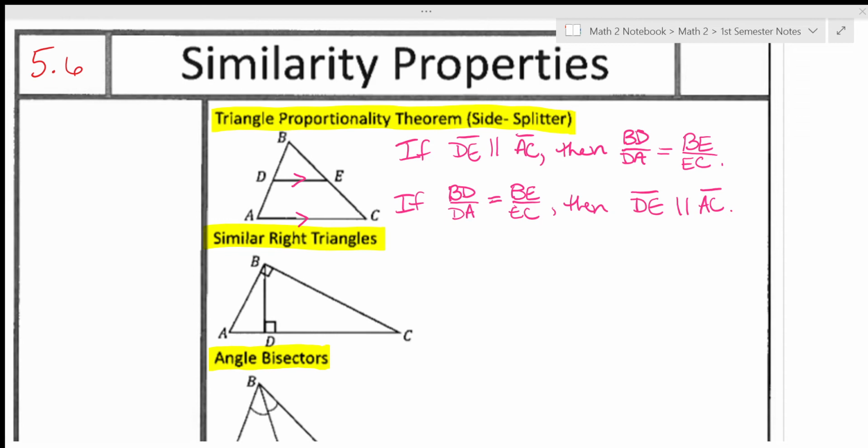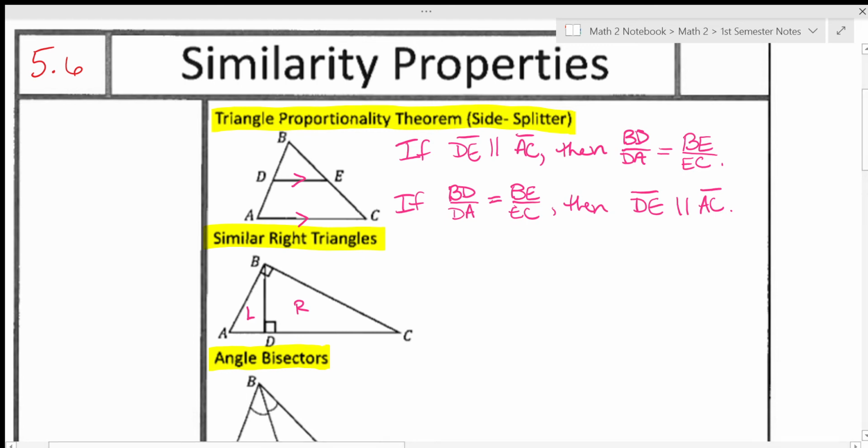Second idea is similar right triangles. With similar right triangles, the idea here is that if we have a right triangle that is split into two other right triangles, so we have a left triangle and a right triangle, and we have a whole big triangle, then each of these triangles would be similar to each other.